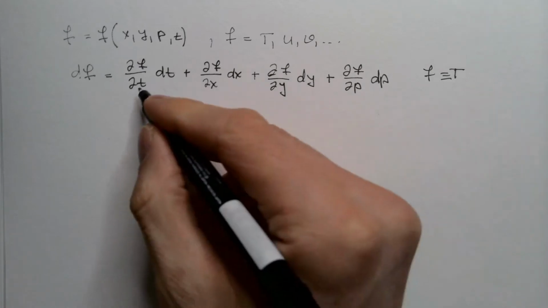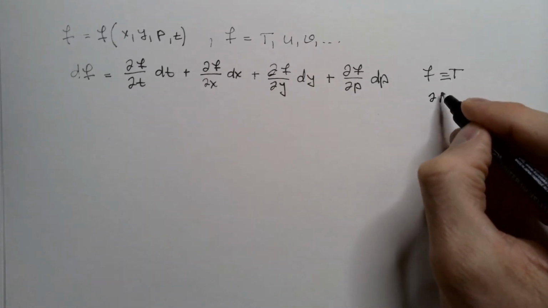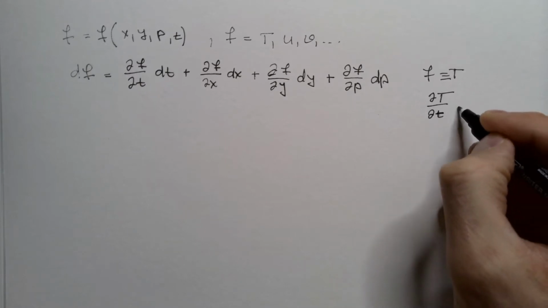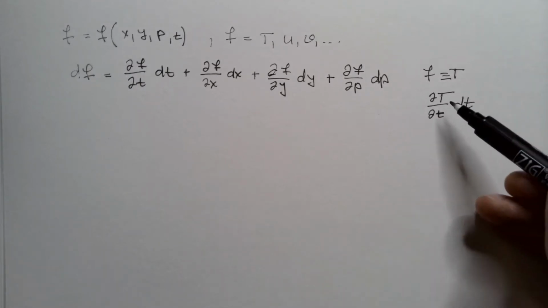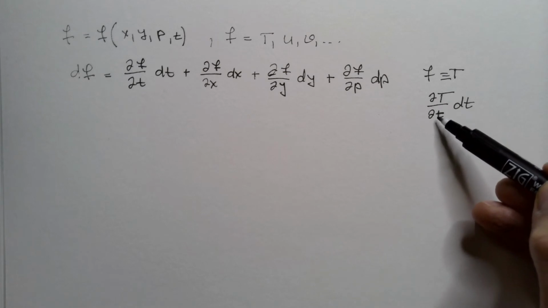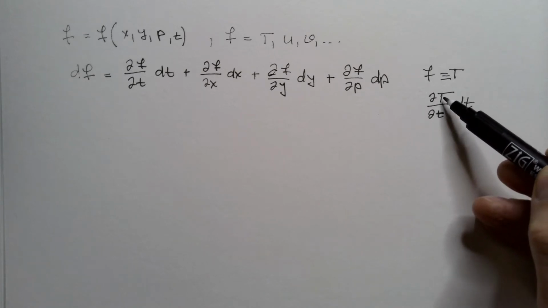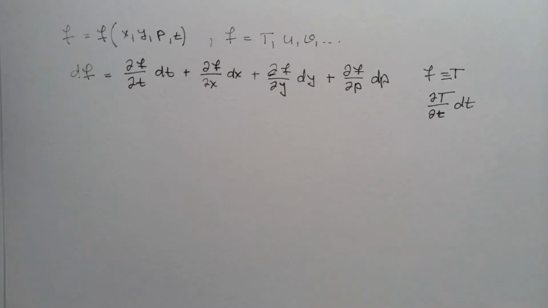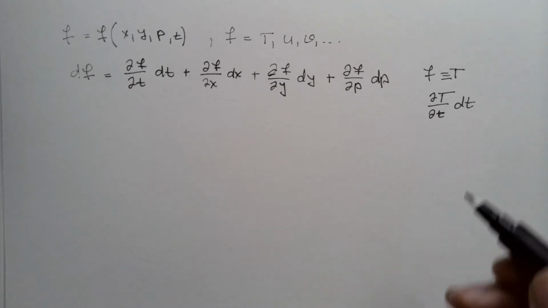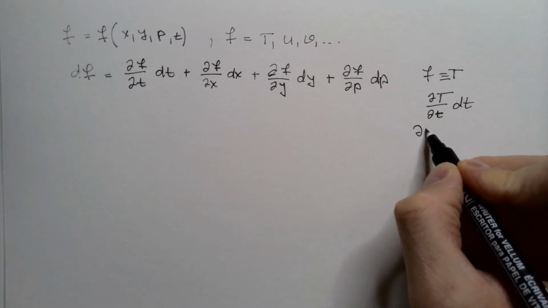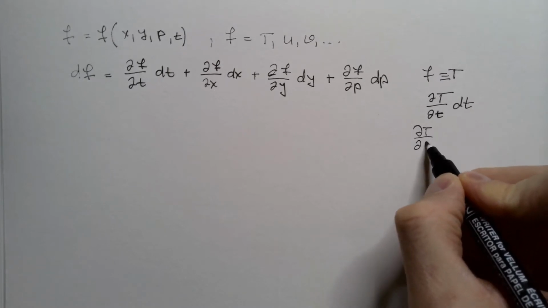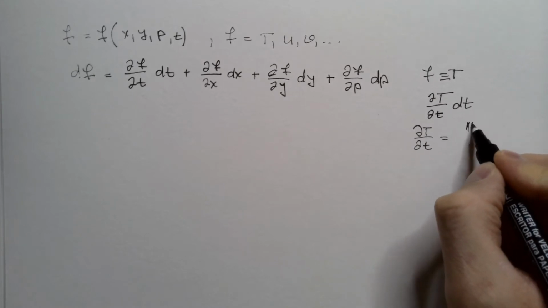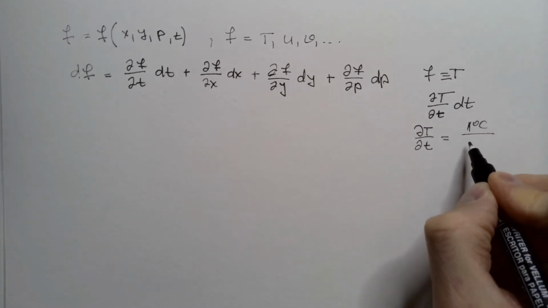Then we could look at the first term as ∂T/∂t, where t is time now, times dt. Well, ∂T/∂t is rate of change of temperature with time, and then this is increment in time. So let's say that temperature is changing ∂T/∂t for, I don't know, 1 degree Celsius in 1 hour.